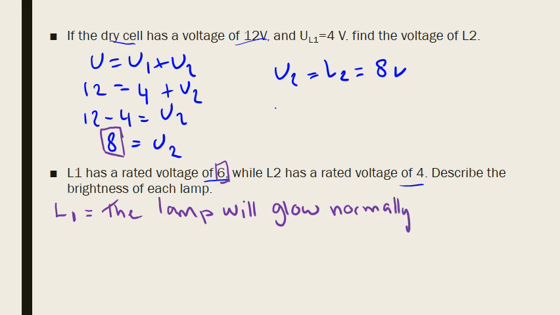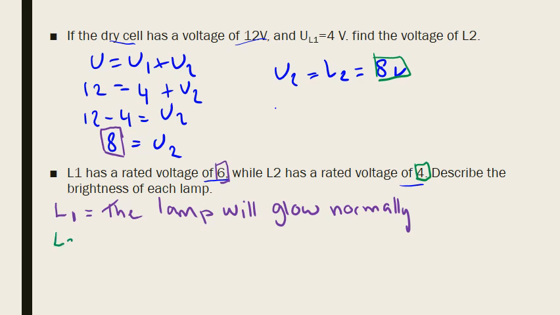Now let's look at L2. L2 has a rated voltage of 4, but it's receiving 8 volts from the battery. Now, there's a big difference between 4 volts and 8 volts, so we expect the lamp will glow brightly. However, the lamp will be overdriven and it will quickly turn off.